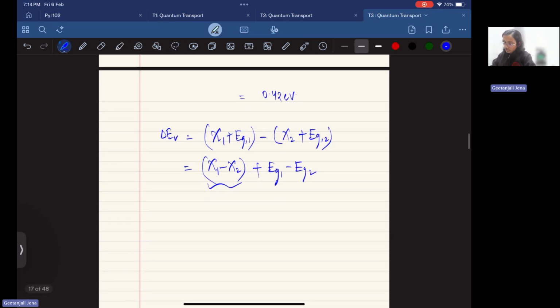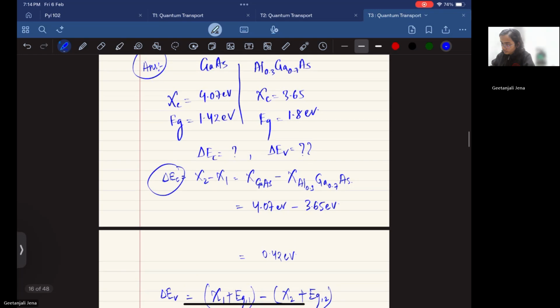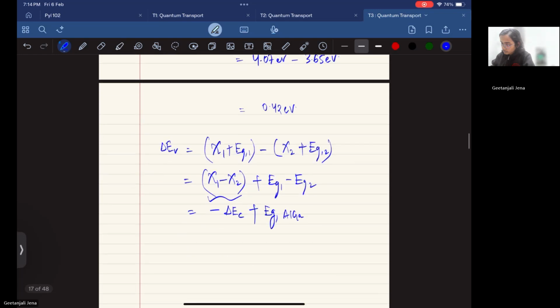Chi1 minus chi2 is nothing but the negative of the conduction band offset, plus Eg of AlGaAs and Eg of gallium arsenide.